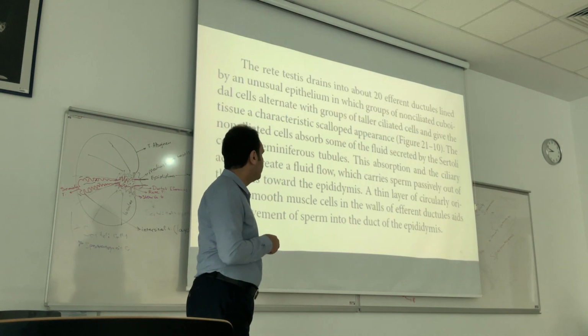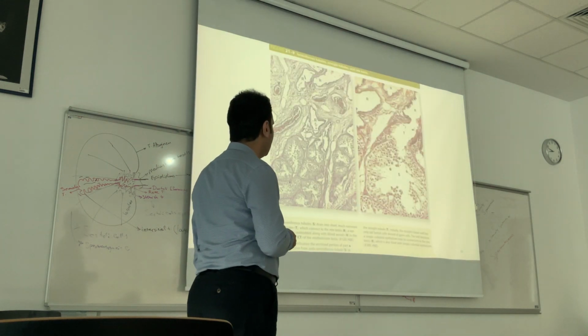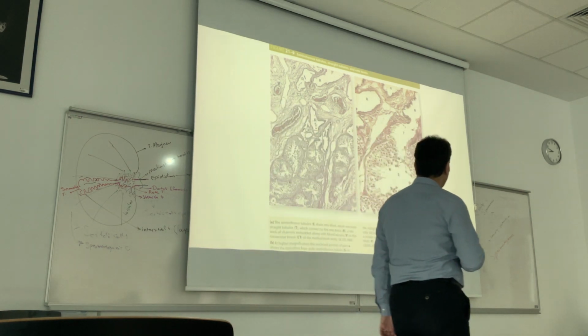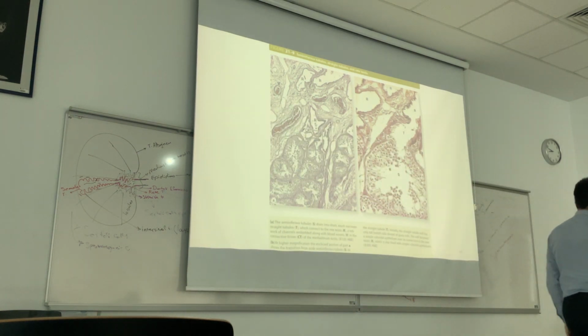And here you can see a section from the mediastinum testis. In this part we have the seminiferous tubule, continuing with the tubuli recti or straight tubule. In the wall of straight tubules, we have only Sertoli cells. The straight tubules continue with the rete testis.